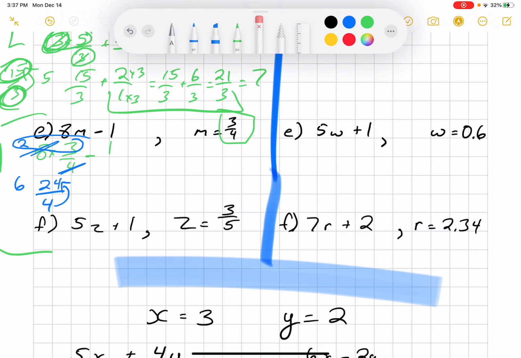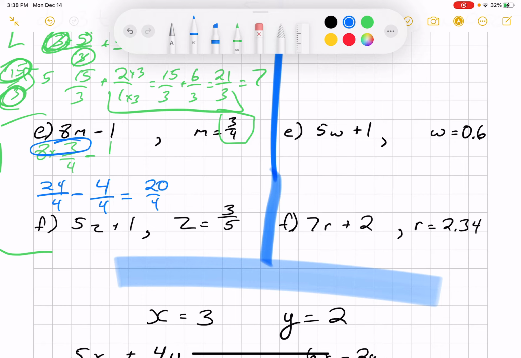Okay, so I'm just going to delete this, and I'm going to work it all the way out. So I have 8 times 3, which is 24 over 4, minus 1, and this 1 is going to be 4 over 4, and then that is going to give me 20 over 4, which is going to be 5. If I did the other method that I just mentioned, 4 can divide into 8, and that's going to give me 2, and then I multiply that by the 3, which is going to give me 2 times 3 minus 1, so that's 6 minus 1, that's 5.